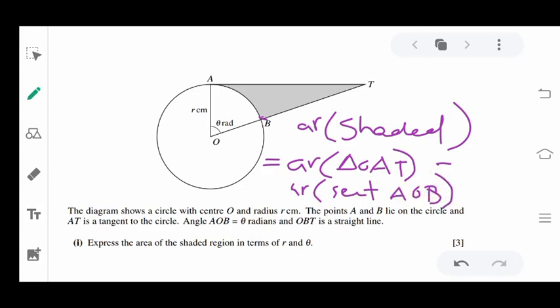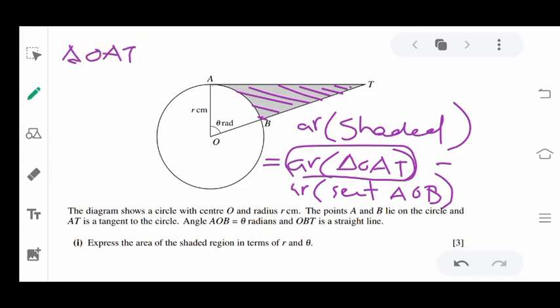Think, is it correct? So area of shaded region is area of triangle AOT minus area of sector AOB. Yes. Okay.